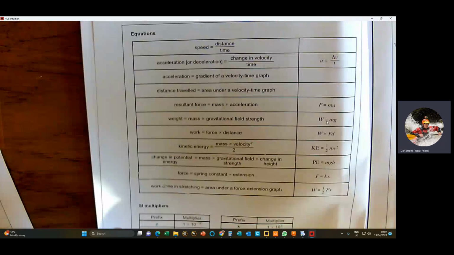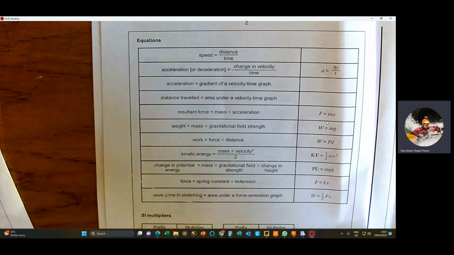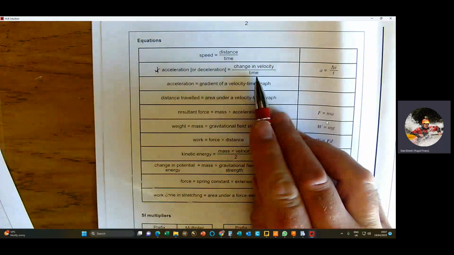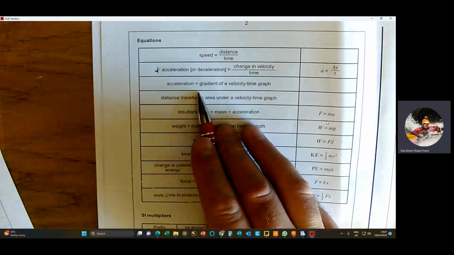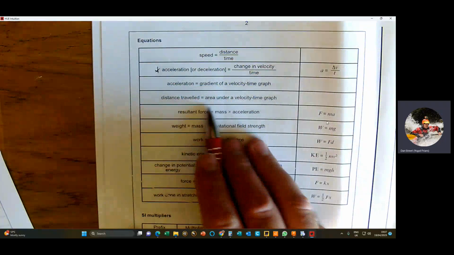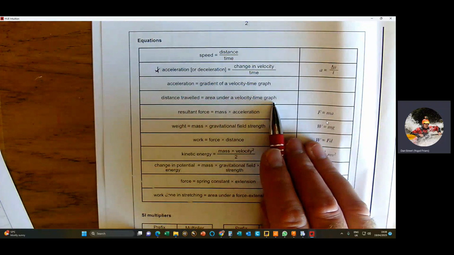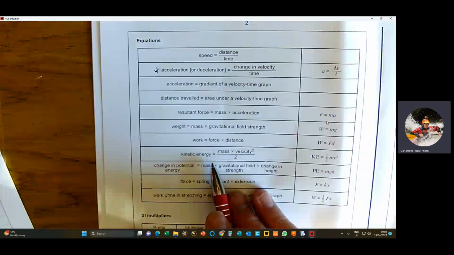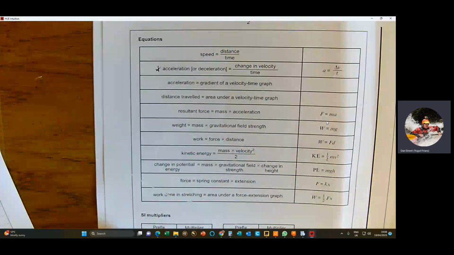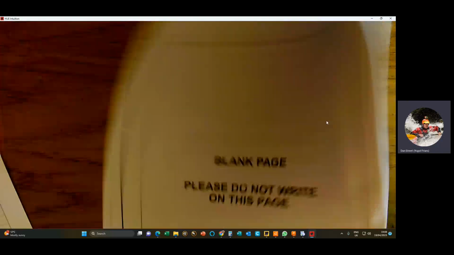On it, acceleration is change in velocity divided by time. Also it's the gradient of a velocity time graph, and the distance travelled is the area under a velocity time graph. So all those three bits of information may come in handy. It's always a good idea to look back at the formula page if you're not sure.